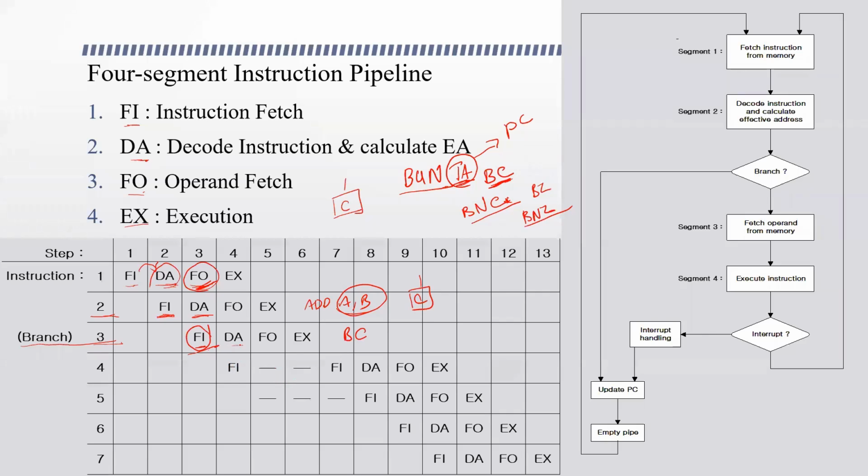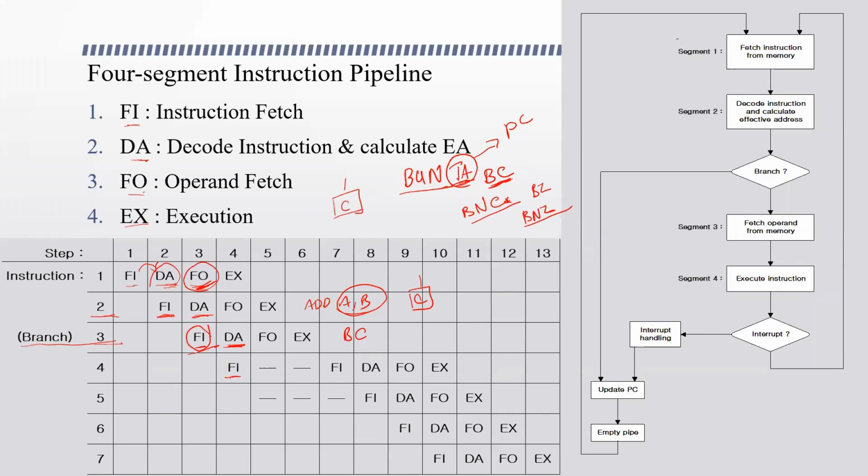But the second step here in the fourth step is the decoding of the branch third instruction. After decoding only, we'll know if it is a branch or what is the type of instruction, because decode gets the meaning of the instruction. So until this decode phase is completed, the computer cannot do any operation.